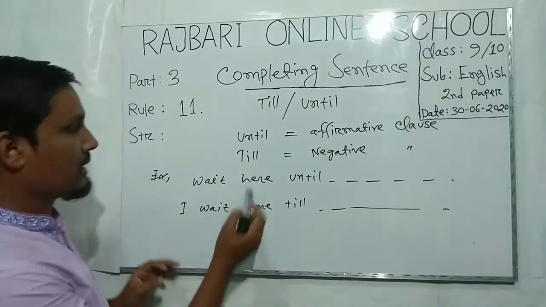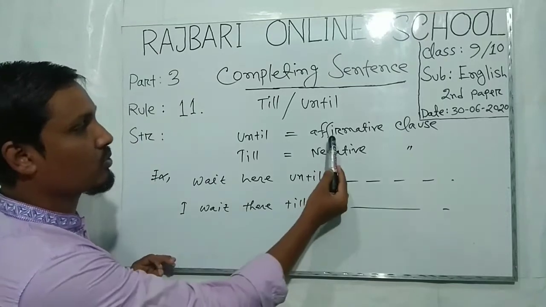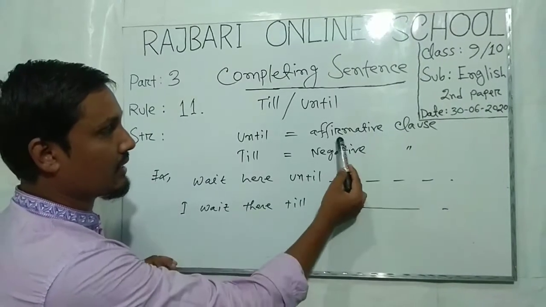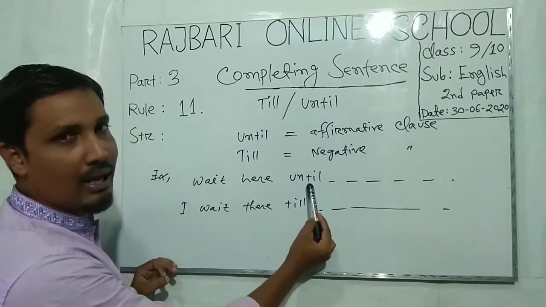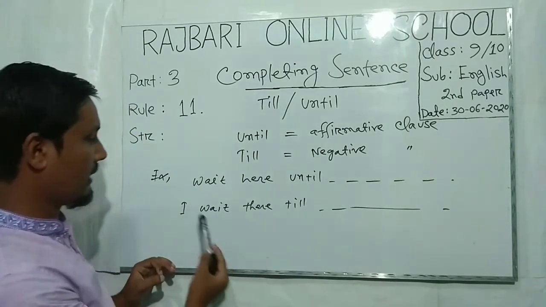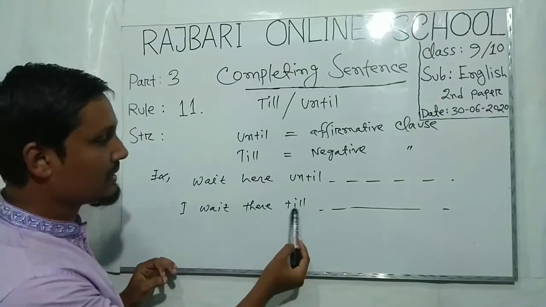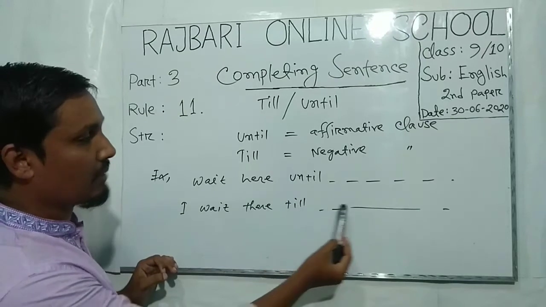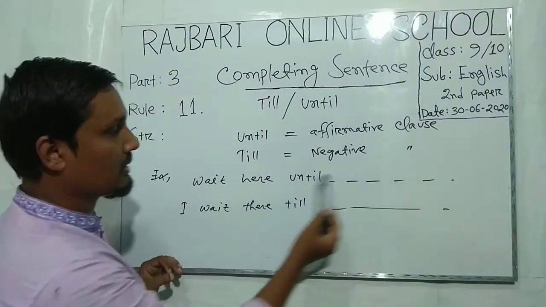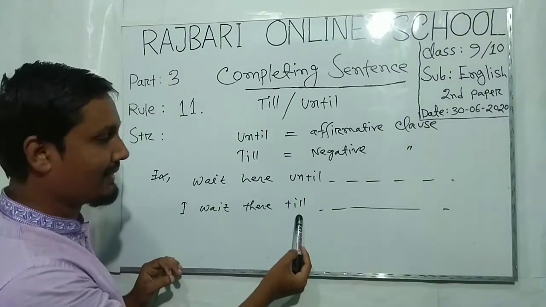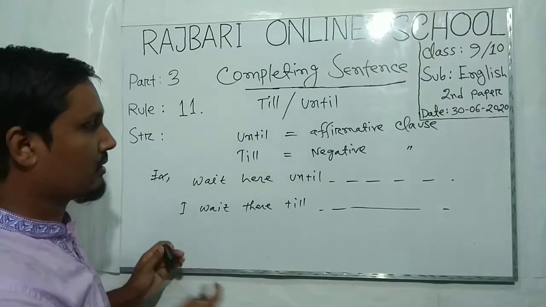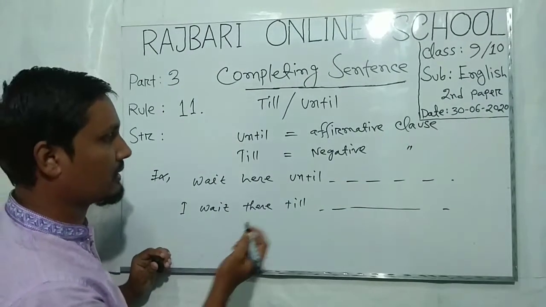That time, if you see until, you have to make affirmative clause after until. Can you understand? Okay. Next, if you see the word till, you have to do negative clause after the word till.